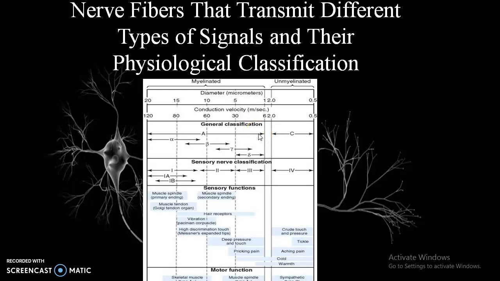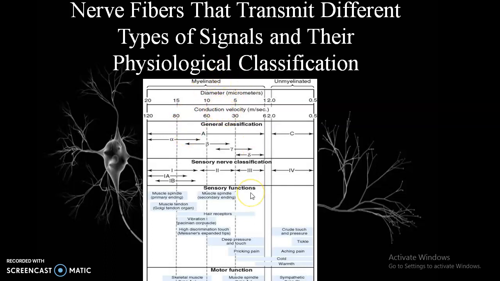That kind of signal has to be transmitted rapidly because that is very important. On the other hand, other information like prolonged pain or prolonged aching need not be transmitted rapidly. So these are transmitted by fibers which conduct at a very low velocity. So that is conduction velocity.